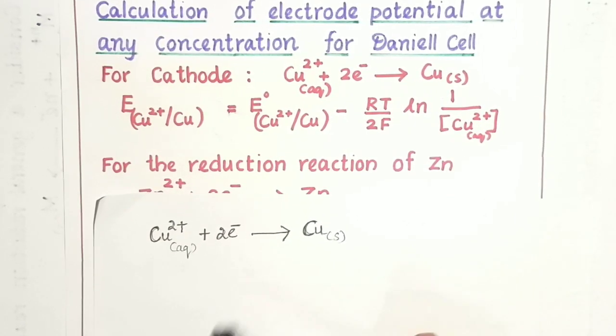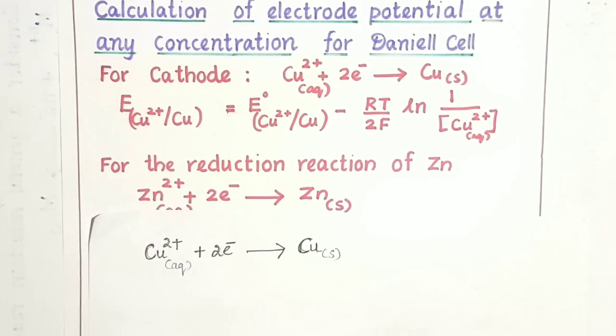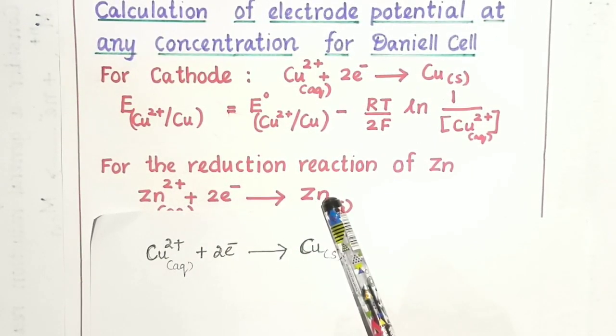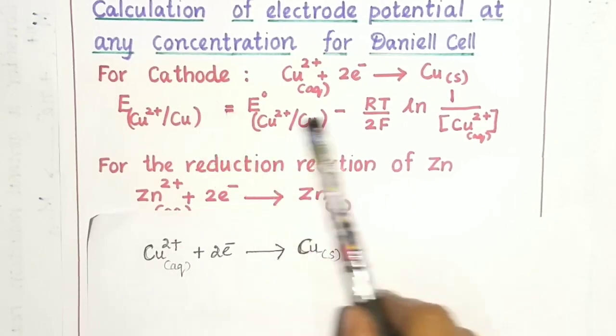The reduction reaction of zinc can be written as Zn2+ plus 2 electrons giving zinc solid. Similarly, we can write the next equation.